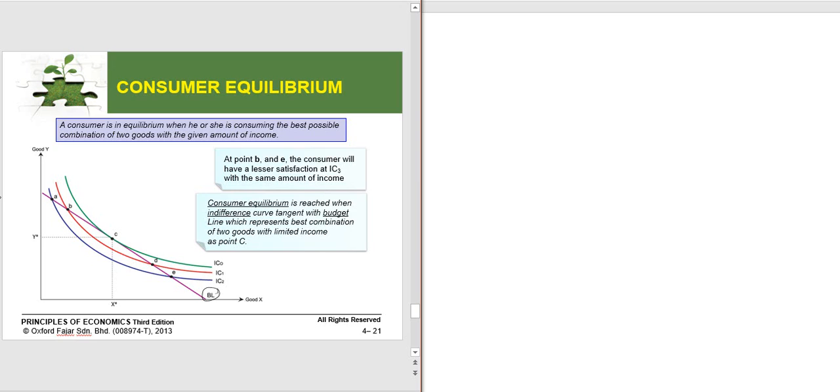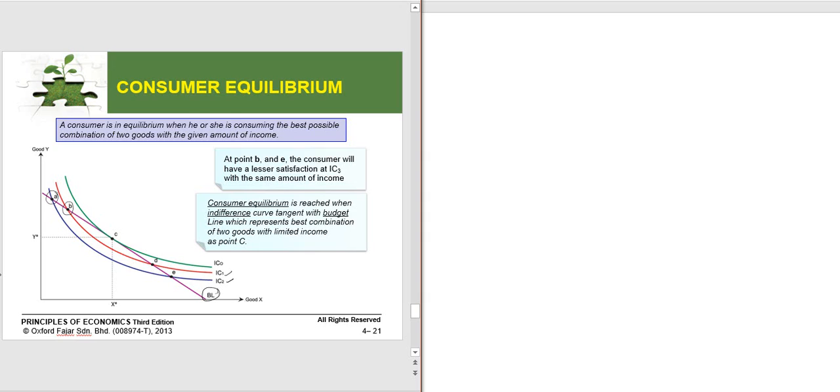Point A and point B are not considered consumer equilibrium. Why? Because even though they touch the budget line, the purple line here, meaning the spending is within the budget, they are actually touching the lower indifference curves, the red one and the blue one. Before this, we said that the lower the indifference curve, the lower the satisfaction.